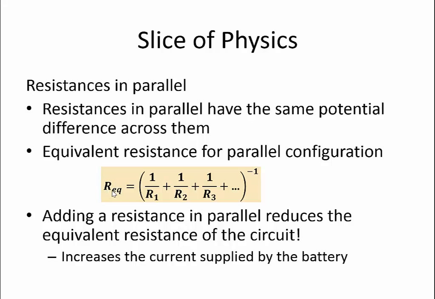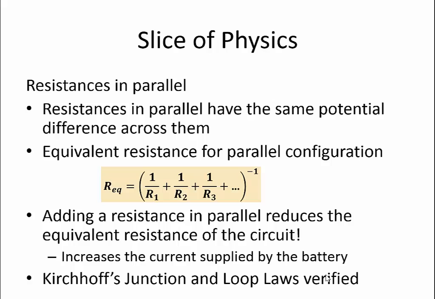This R equivalent would be smaller than all of these resistances that go into the equation. And that's because adding resistances in parallel increases the overall demand of current from the battery. And so the equivalent resistance must go down by Ohm's law. And finally, we recapped how we used Kirchhoff's junction law to derive this and how we verified Kirchhoff's loop law once we got all the numbers worked out for our 2 resistances in parallel.